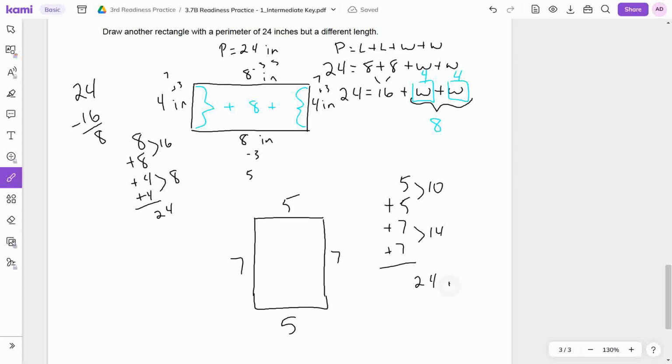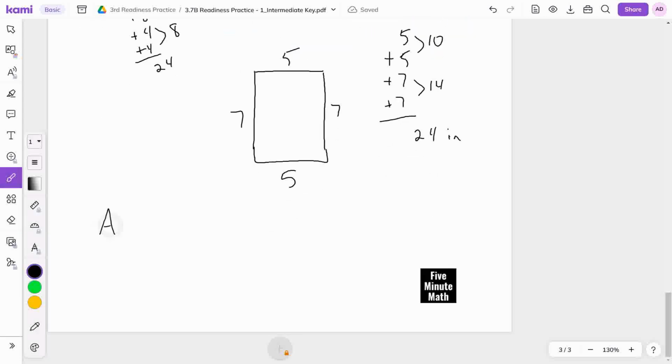So there we go. That could also work. And that's not the only one, but that's an easy way to think about that. Just taking some away from the length, adding it onto the width if you want to keep the perimeter exactly the same. So your second rectangle may vary. So I'll put that down here. I'll say additional rectangles may vary.